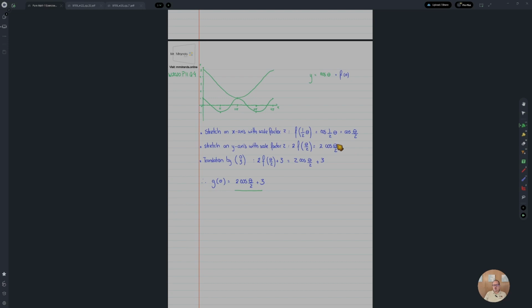So that's 2 cosine of theta over 2. And then finally, you have the vertical translation up by 3 units. So basically, that's a translation by (0, 3), which is adding 3 units to the function as a whole. So it's going to be 2 cosine of theta over 2 plus 3. So the new function, g, is going to be 2 cosine of theta over 2 plus 3.